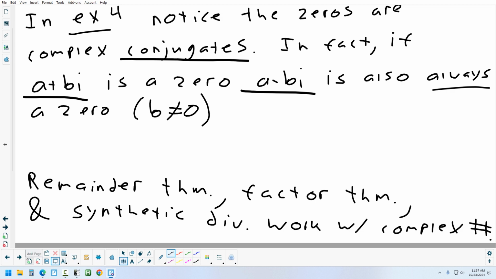Okay, so all the things that we've been working with all week still work: remainder theorem, factor theorem, synthetic division. You can still use them.